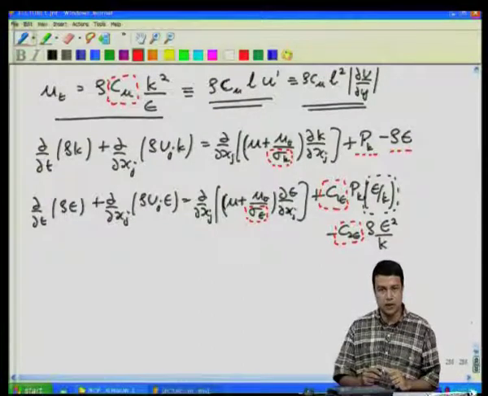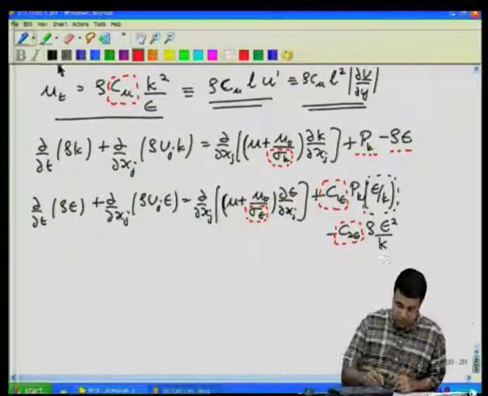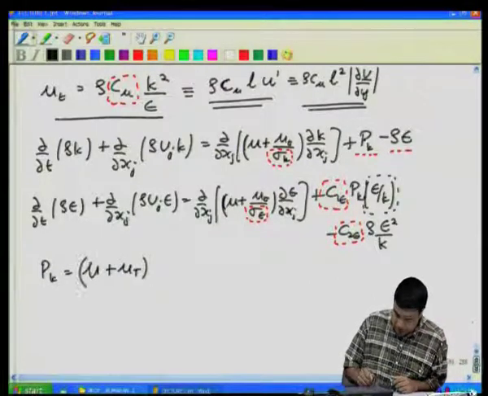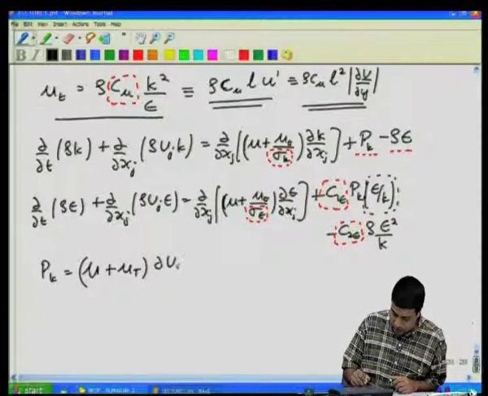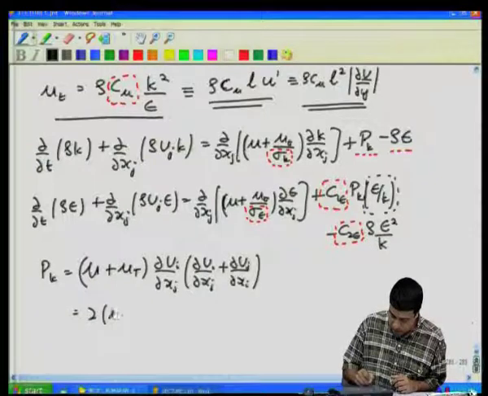Okay. The production is basically the mean kinetic energy production, which is equal to the turbulent mu, 2 mu plus mu t times partial ui by partial xj, which is equal to 2 mu plus mu t times the mean strain rate square.